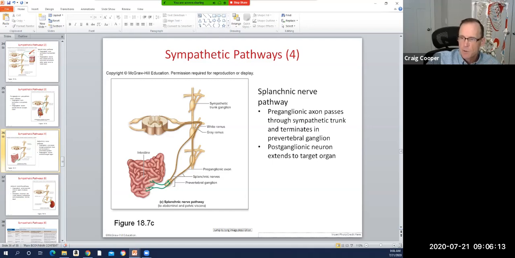But it still has a ways to go before it gets to the organ that it's trying to innervate, even though this diagram doesn't show it that way. The diagram is showing it with a much longer axon here and a shorter axon in green. But it's just because they're trying to show the organ not anatomically correct where it is in relation to it. This is the sympathetic side, so the preganglionic axon is shorter than the postganglionic axon.